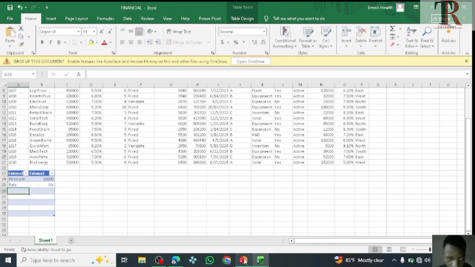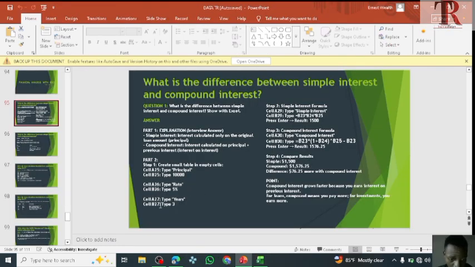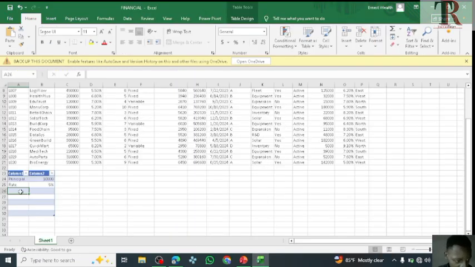Then our years, 3 years. What this is saying is that we loan 10,000. We are paying a 5% interest every year for 3 years. So how much are we paying in total?